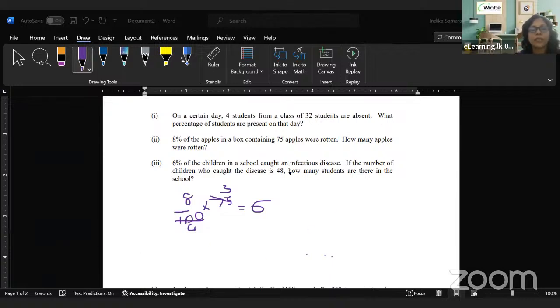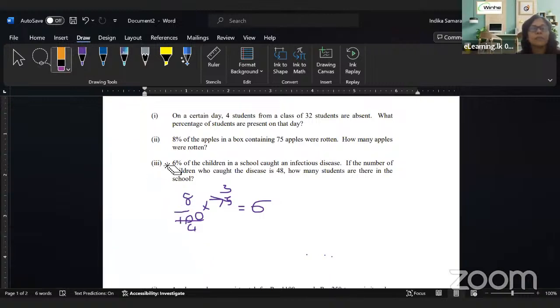Then how do we find this? Sorry. 36% is 48 now. Then what you can write? 36 divided by 100 is 48.